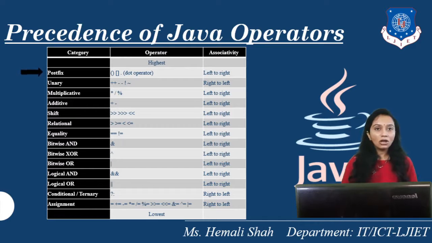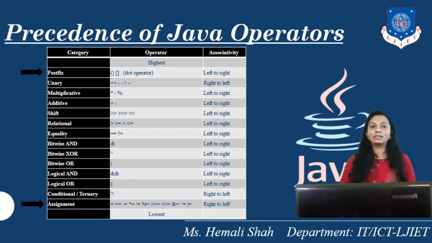After that, the relational operators will work: greater than, greater than or equal to, less than, less than or equal to. Then the equality operator will work. And the lowest priority is for the assignment operators. Keep in mind, if you have an assignment operator in your expression, then that will execute last, and the associativity for equals is always right to left, right?